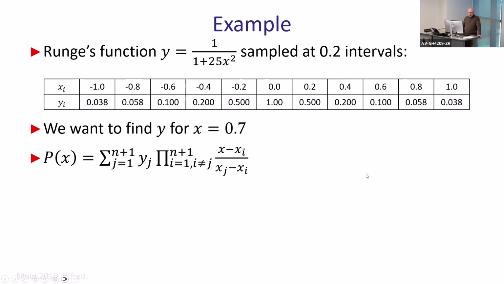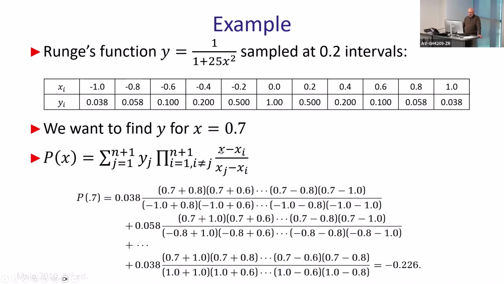So you do all of that computation of that polynomial, which is the sum from 1 to n+1, this is what we have on the board, of Yj times the Lagrange polynomial Lj. I'm substituting x equals 0.7 in all of the terms, and you get a long computation.